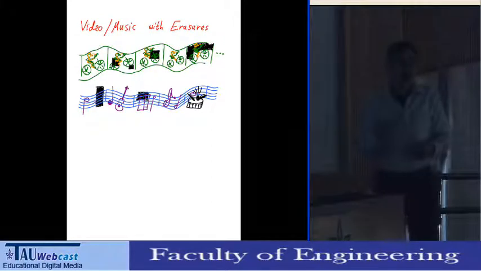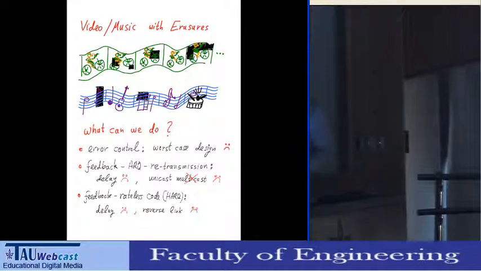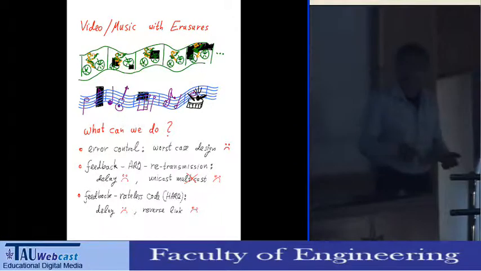Either we will hear something quickly but with holes, or we will wait, and we will experience delay, and then we can maybe get the lost thing. So what are the options that we can do?